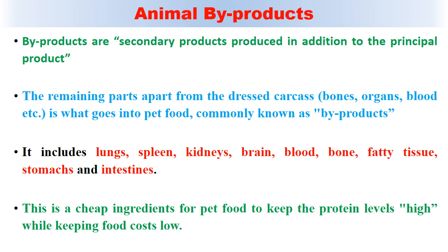These are the byproducts commonly used for pet food. This is a cheap ingredient for pet food to keep the protein level high. All these byproducts are a very good source of protein and can help in reducing the cost of pet foods. While talking about pet nutrition, I highlighted this aspect.